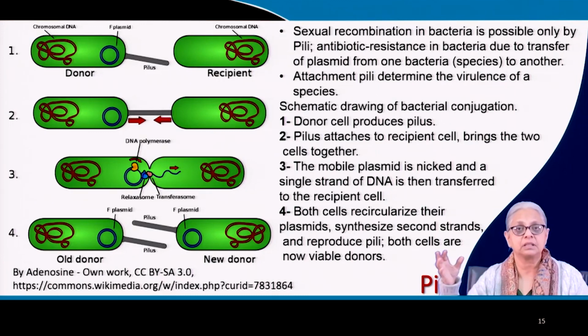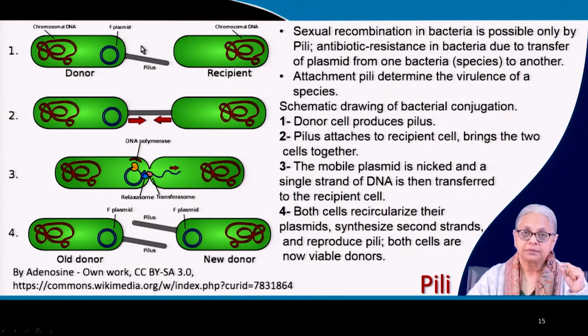So there is generally no sexual recombination. However, under certain conditions, it has been observed that the bacteria will create an organelle called a pilus, and this pilus is going to attach itself to a recipient cell.